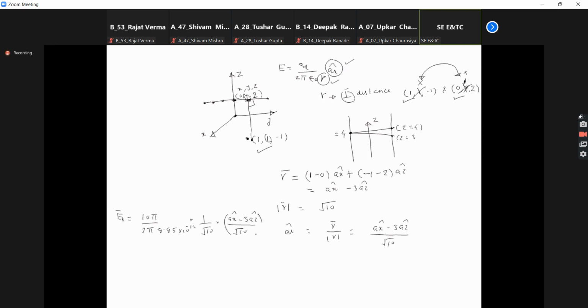So this part is nothing but your aR cap. This is 1 by r, and this is the substitution. Okay, so if you simplify, you will get your answer.